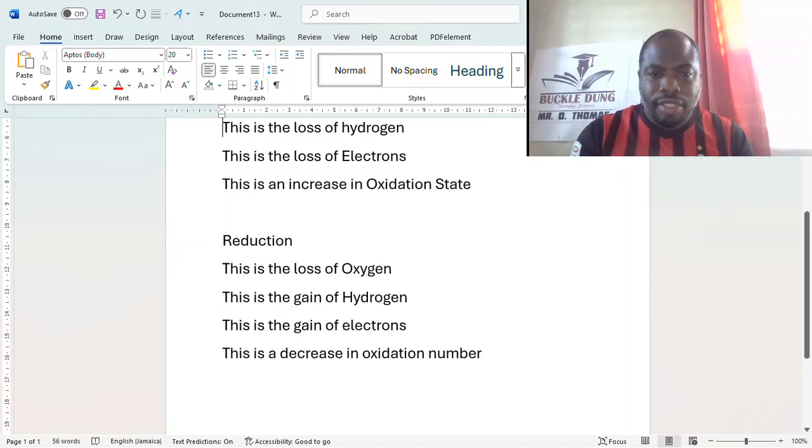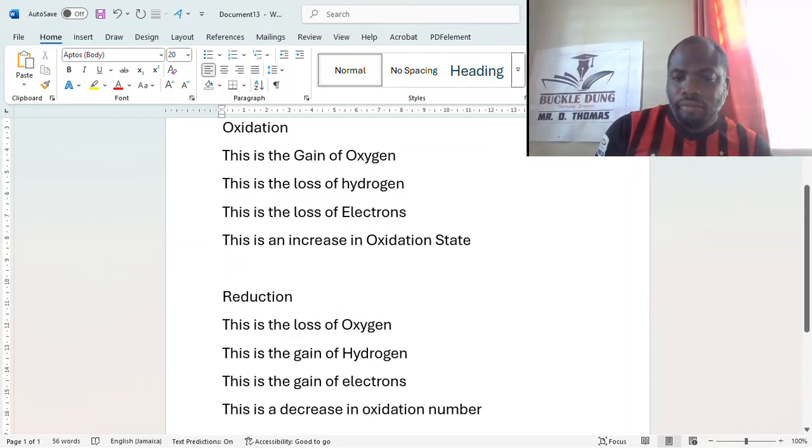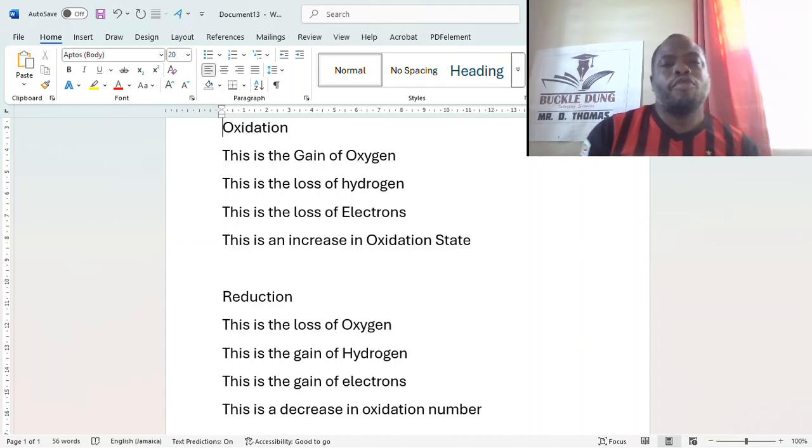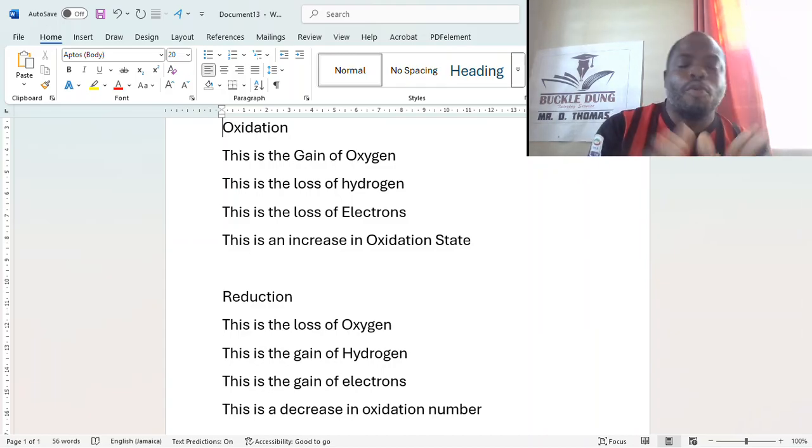So as a student, if you can remember this, and I normally say to students, once you're able to remember one, if you notice, they are actually opposite. And so once you have oxidation, you must have reduction. If you can recall oxidation, then you should know reduction.